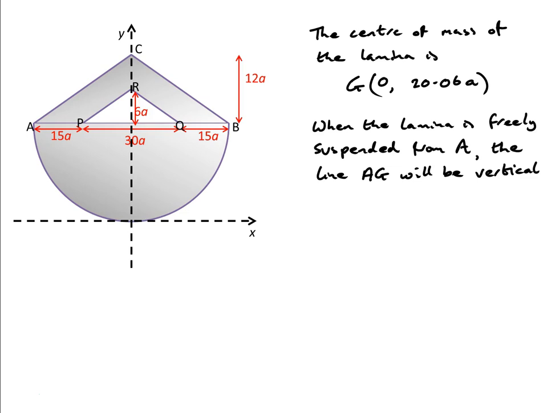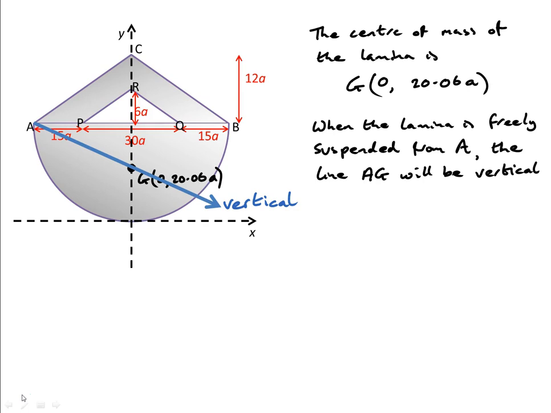And we also know that if we freely suspend the laminar from A, then when it's hanging in equilibrium, the line AG will be vertical. So we'll mark the point G on our diagram, and then we know that the line joining A to G is our vertical line.